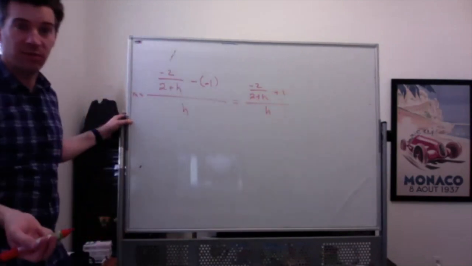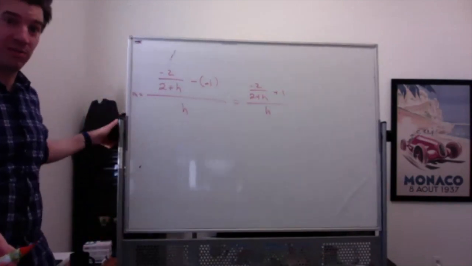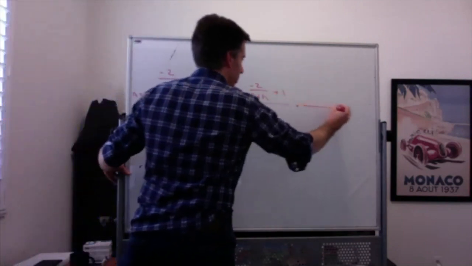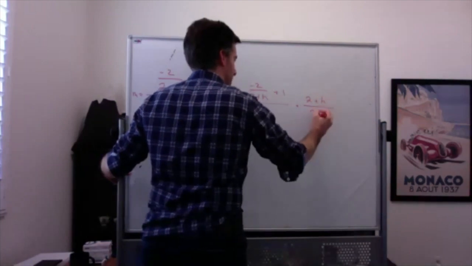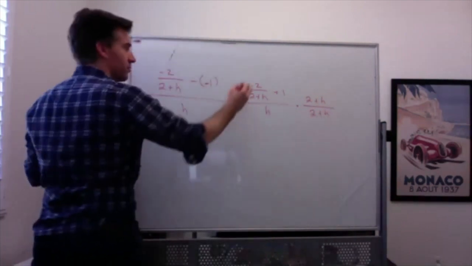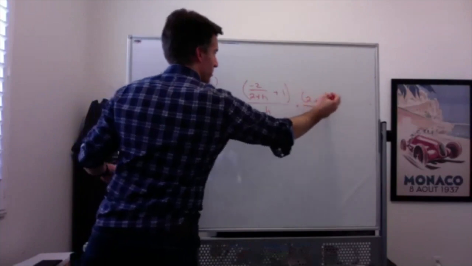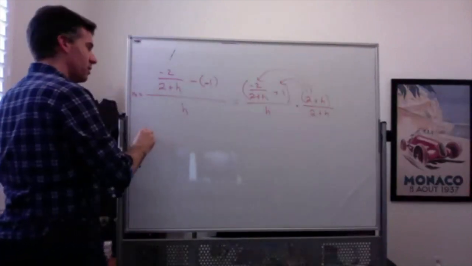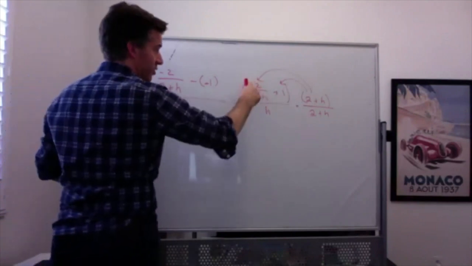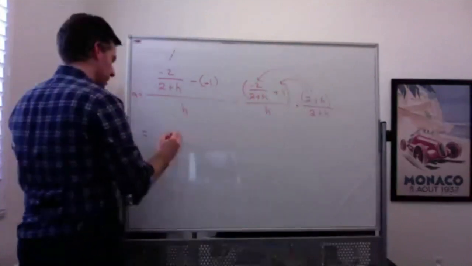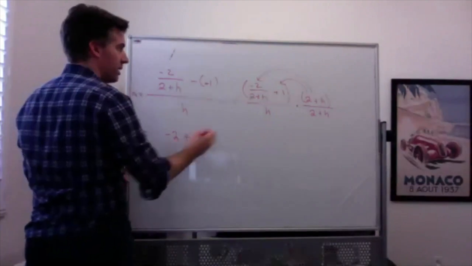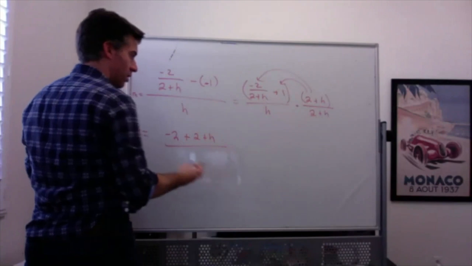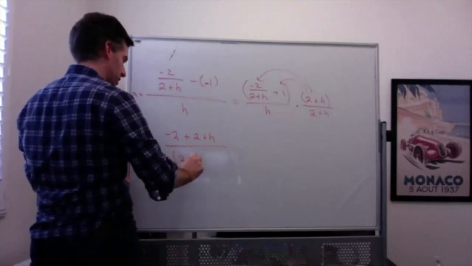And just like with the problems we were doing before with limits, I'm going to employ some of those same algebraic methods. I'm going to simplify this by multiplying by 2 plus h over 2 plus h. So I'm going to get -2 over 2 plus h times 2 plus h is just -2, plus 1 times 2 plus h is 2 plus h, all over h times 2 plus h.